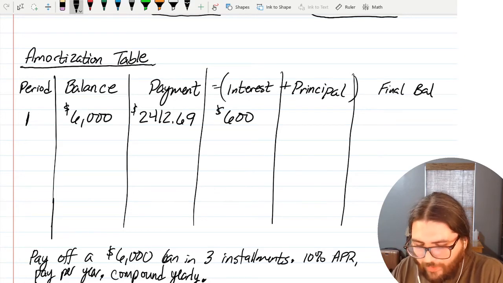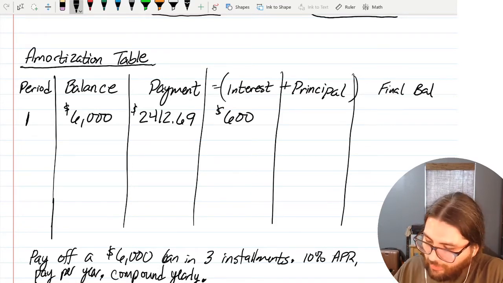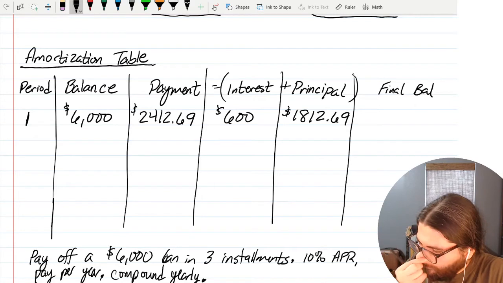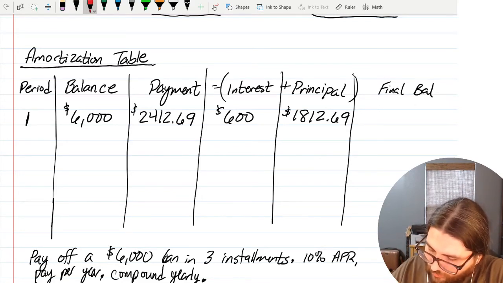I'm going to take my payment, 241269, subtract the interest to figure out how much excess goes towards the balance. 181269. Again, this principal is payment minus interest.